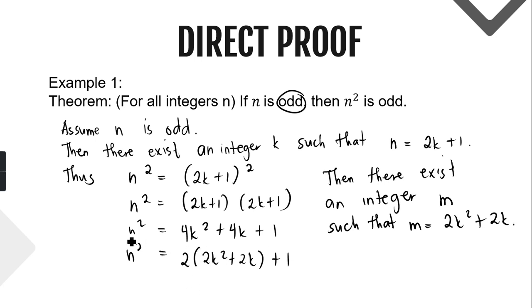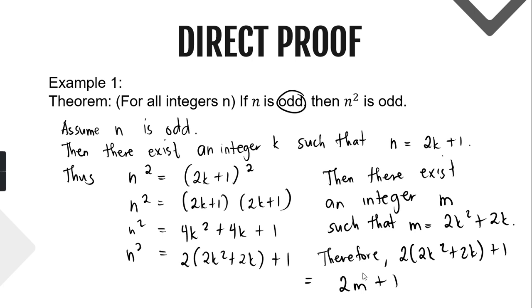And then, with the solution that we had earlier, therefore, 2(2k squared plus 2k) plus 1 is equal to 2m plus 1.